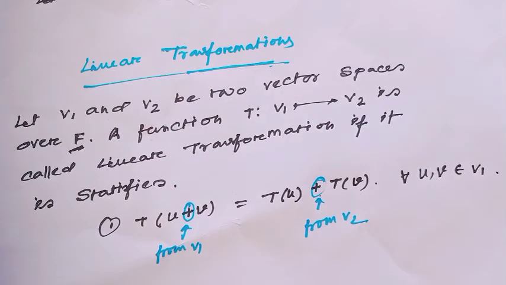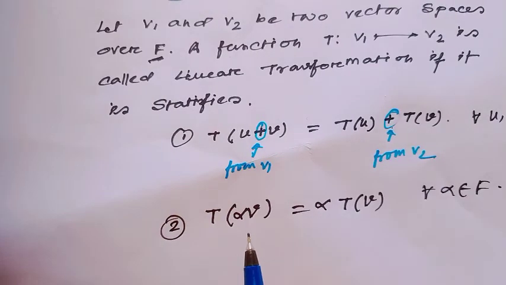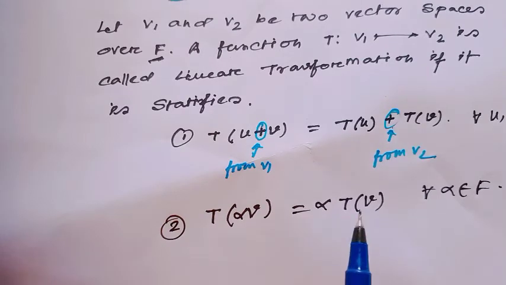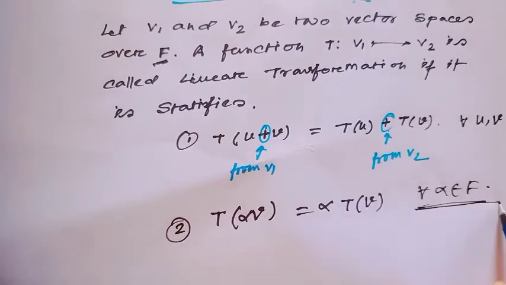The next property is multiplication of a vector with a scalar. Multiply a scalar alpha with a vector v, this would be alpha v. Then apply the transformation, T(alpha v), which is equal to alpha times T(v), for alpha belonging to the field.